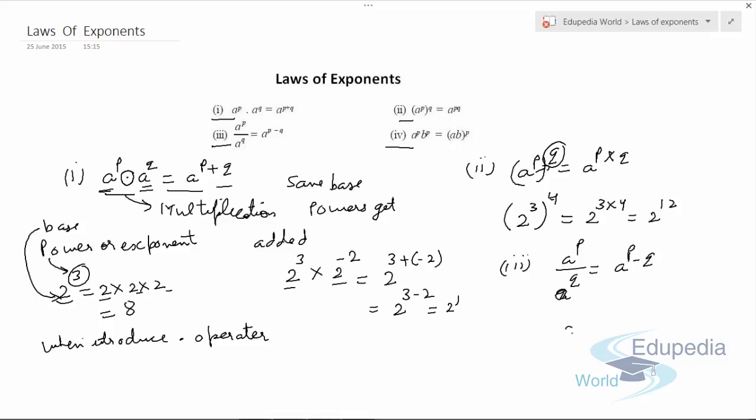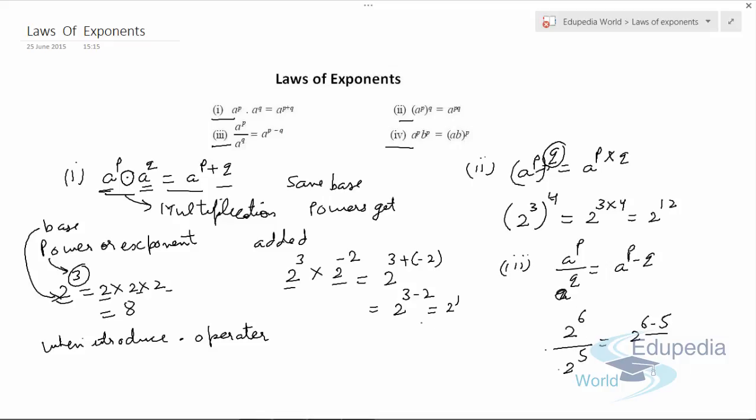Suppose we have a question like this, 2 raised to power 6 divided by 2 raised to power 5. So this can be written as 2 raised to power 6 minus 5. Means in this question we have same base, so we can subtract the powers. Why? Because the numbers have same base and they are dividing each other, so the powers get subtracted.